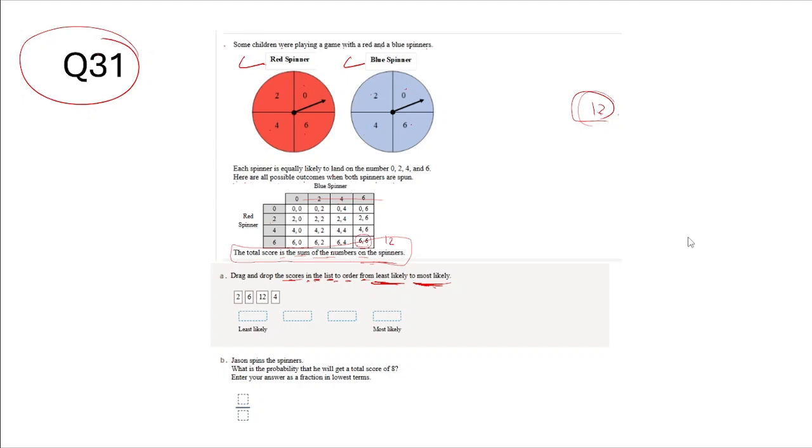Every time you spin the two spinners together, how many times can you get 12? The sum of these two spins can be 12 only one time. But for example, if I ask you about the sum of 6, how many times can I get 6? 1, 2, 3, 4 times.